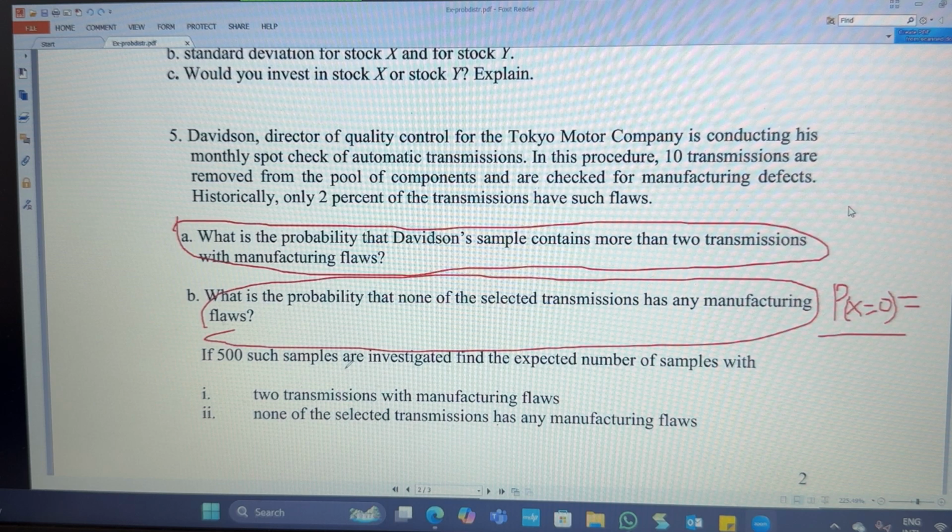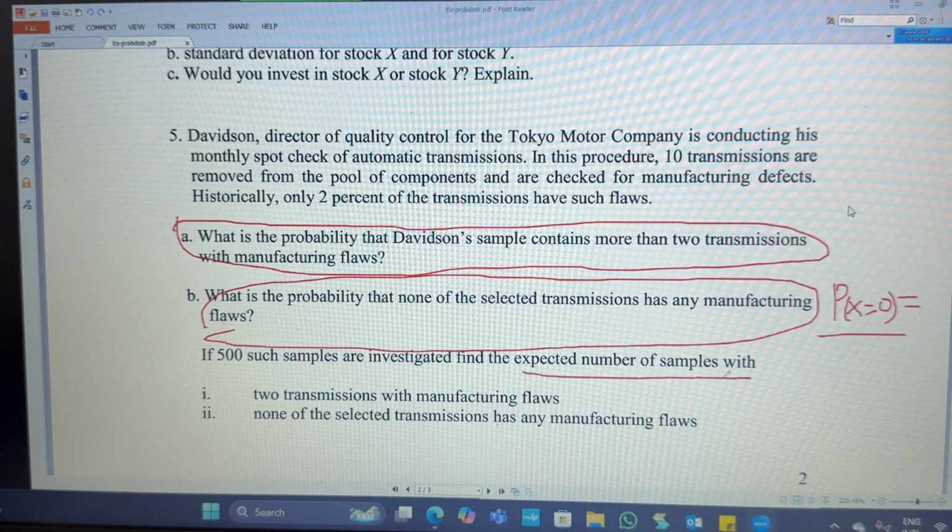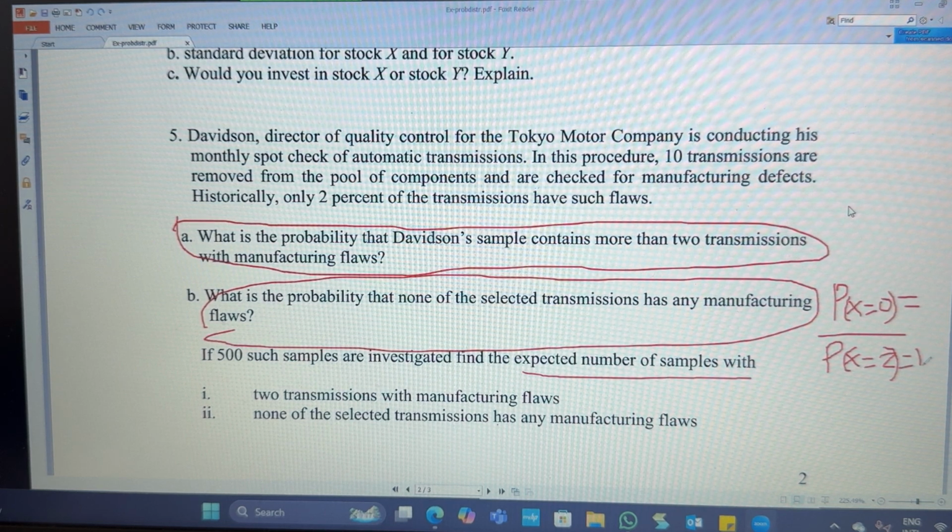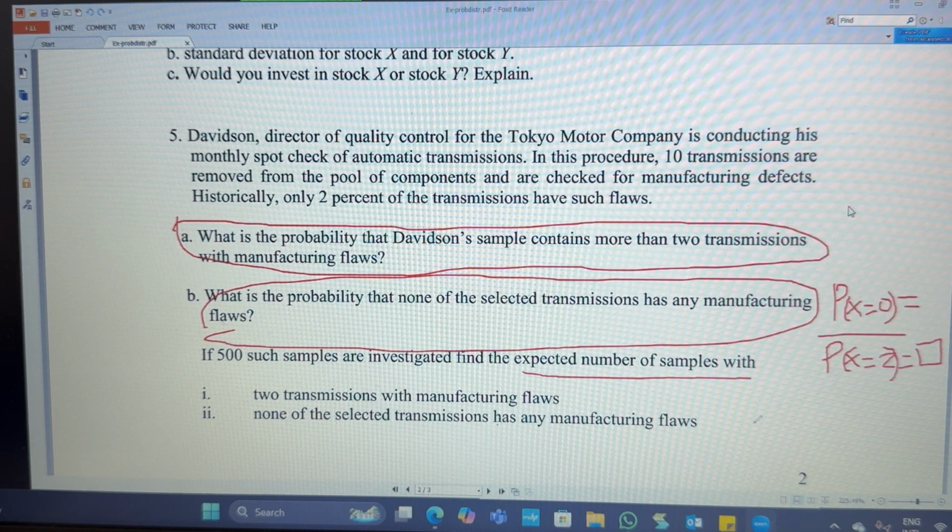Then if 500 such samples are investigated, find the expected number of samples with 2 transmissions with manufacturing flaws. So it means now we found P of x equal to 2, and you have an answer. Now this is the probability. So how to find the expected number?